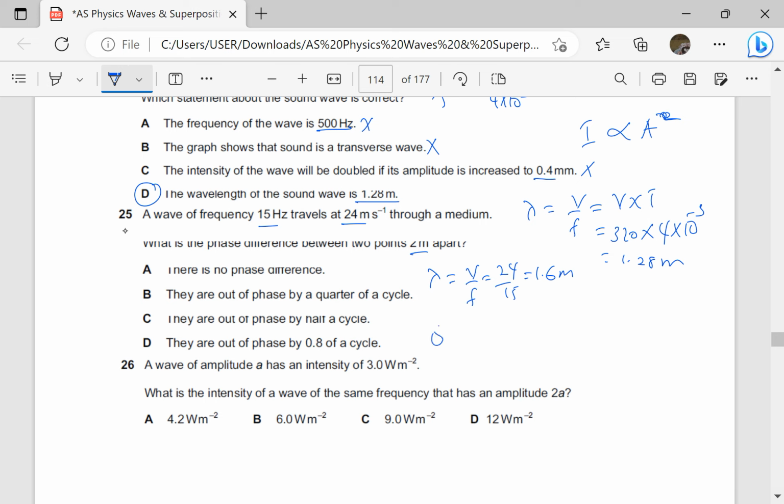To find the phase difference, this will be 360 times the distance apart over the wavelength.